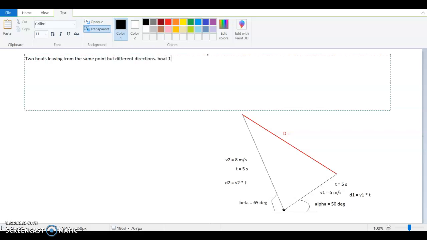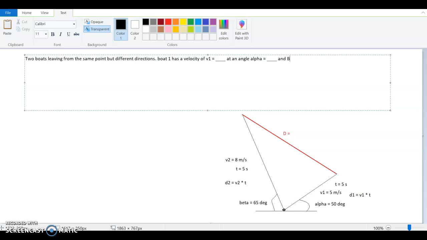Boat one has a velocity of v1, user defined, at an angle, let's say alpha equal to user defined, right?